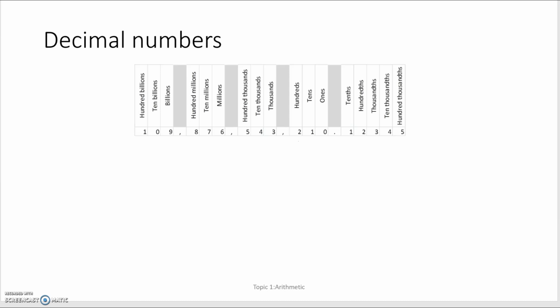Looking at this 2, it's in the hundreds place, so we have 2 hundreds somewhere in our number. That 3 is in the thousands column, so there are 3 thousands somewhere in our number. The 5, this one here, there are 500 thousands.